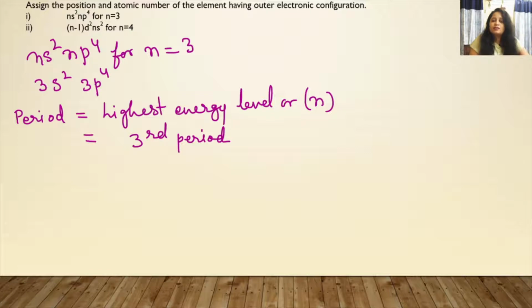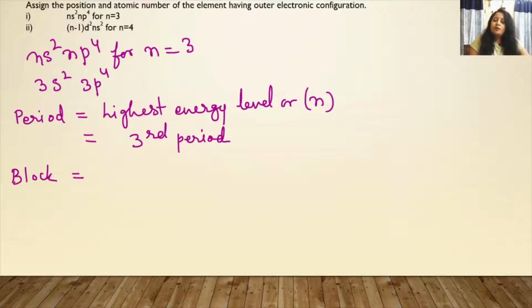Second thing is the group. But before determining the group, we need to find the block of that element. Finding the block means we will search the last falling electron. The last coming electron goes to the p orbital, because between 3s and 3p, the 3p orbital is higher in energy, so the last electron will come into 3p.